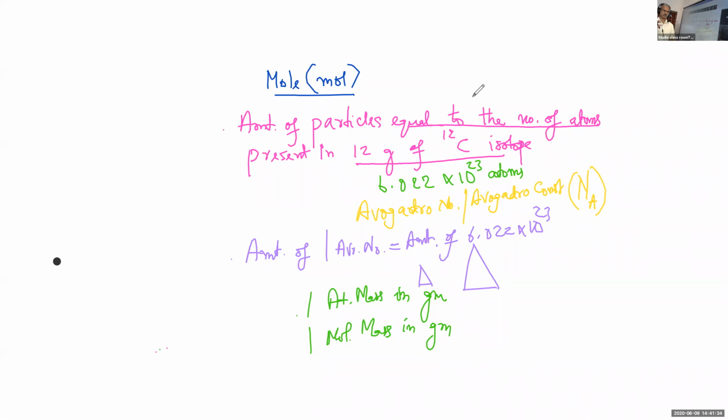So the importance is for this number, Avogadro number 6.022 into 10 raised to 23, which is the number of atoms present in exactly 12 gram of carbon-12 isotope. That's all about today's class.